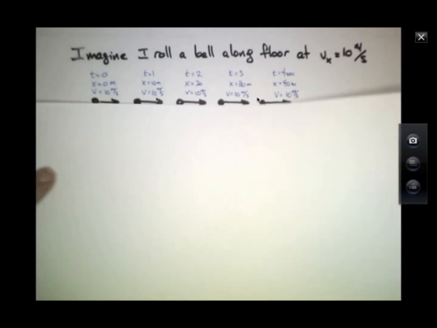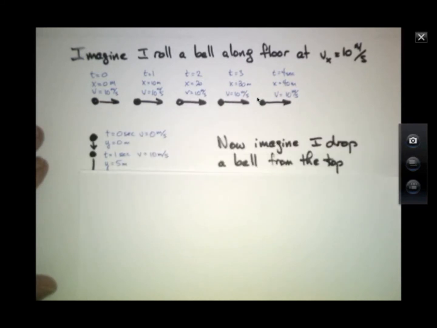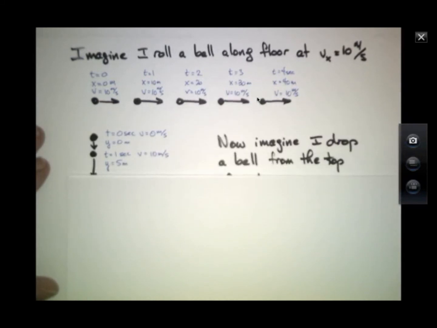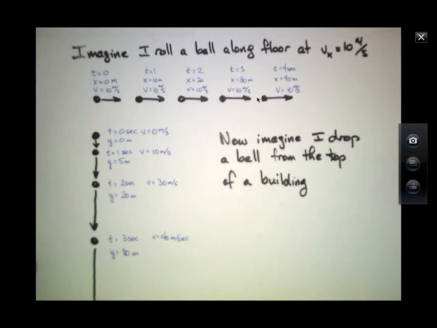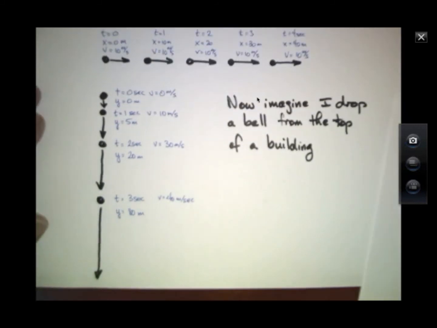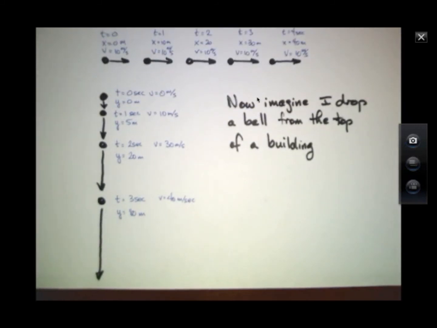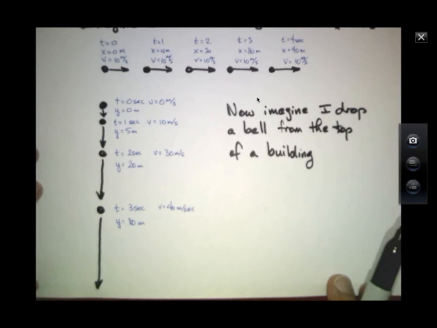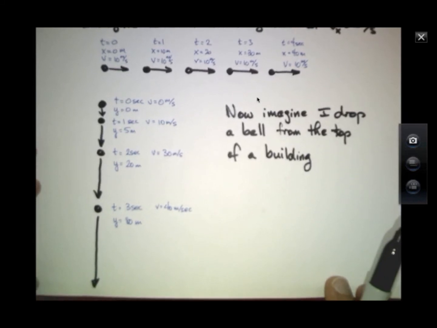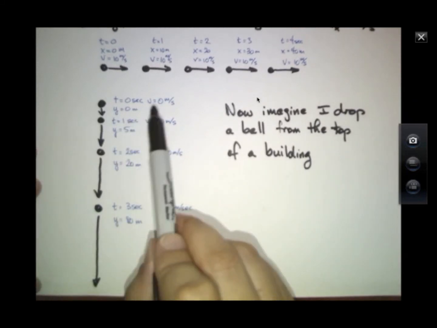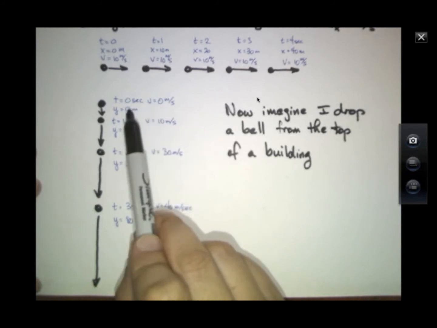That's very different from what we developed when we said that we drop a ball. Let's suppose we dropped a ball from the top of a building. Since little g is approximately 10 meters per second squared, then at 0 seconds I might be at 0 speed because I've just dropped it and I've advanced 0 meters.